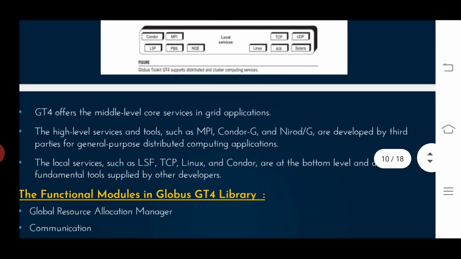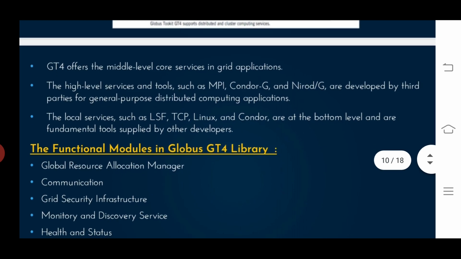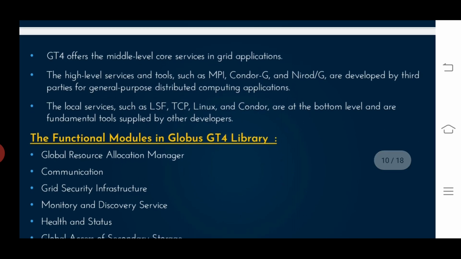What does the Globus Toolkit offer here? We can see the description here. The Globus Toolkit 4 offers the middle level core services in grid applications. The high level services and tools such as MPI, Condor-G, and Nimrod-G are developed by third parties for general purpose distributed computing applications.